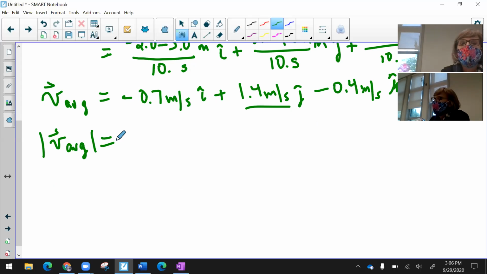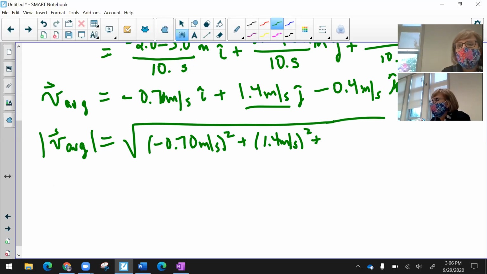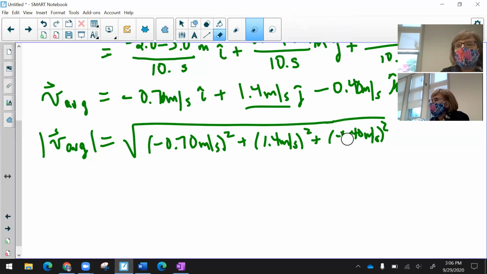So this is going to be the square root of negative 0.7 meters per second squared, plus 1.4 meters per second squared, plus negative 0.40 meters per second squared.